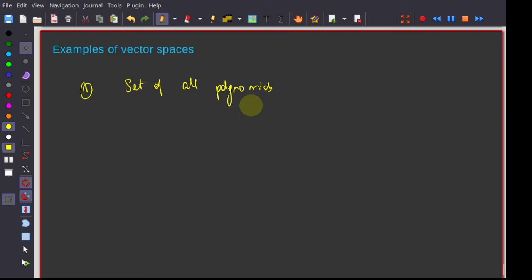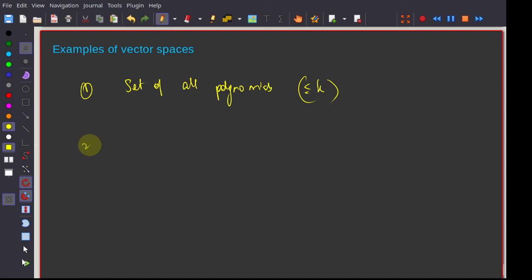What about the set of all polynomials of degree less than or equal to some particular number, say less than or equal to 10? Does this form a vector space? Agreed? Okay. Everyone convinced? Less than or equal to integer k if you want.